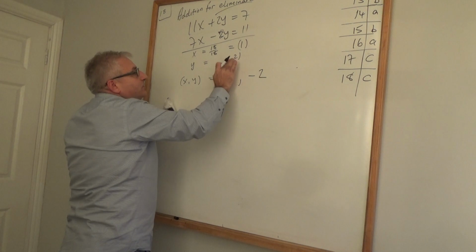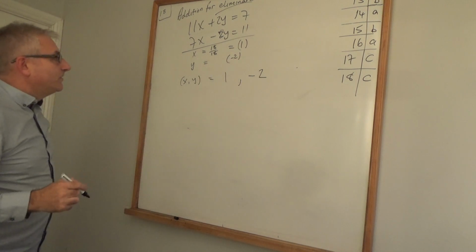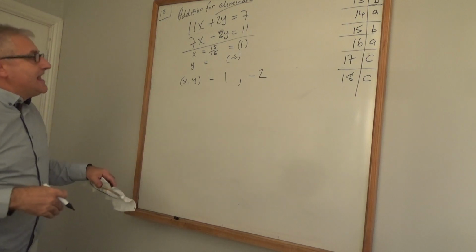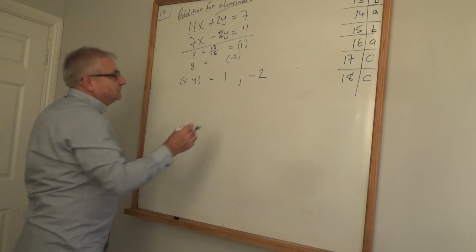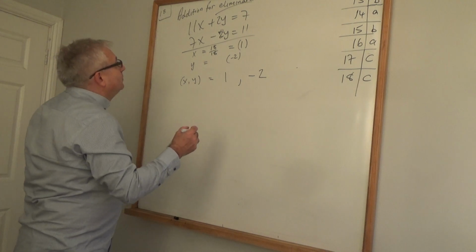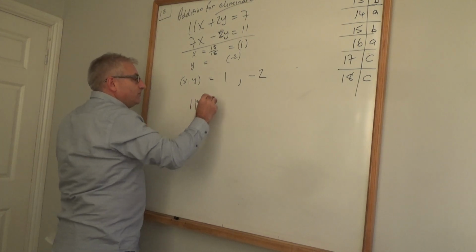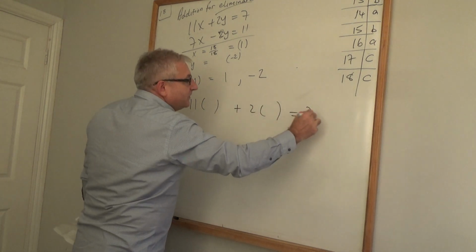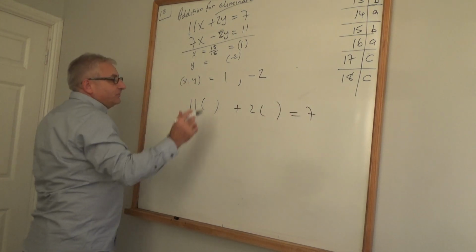The minus should have been inside. Okay, put them in order, and now we can do what we were doing earlier, which will be a quick way of doing it. It will be 11 bracket plus 2 bracket equals 7, and there's no point in finishing that one.